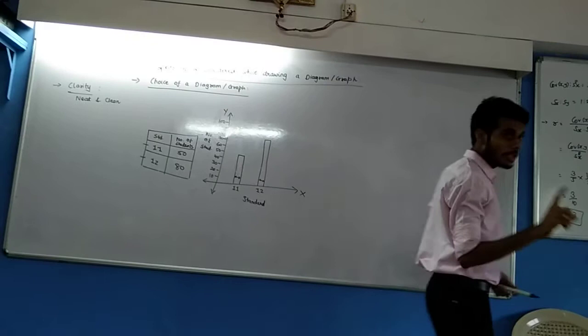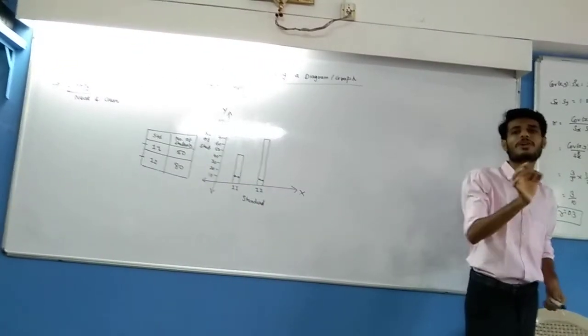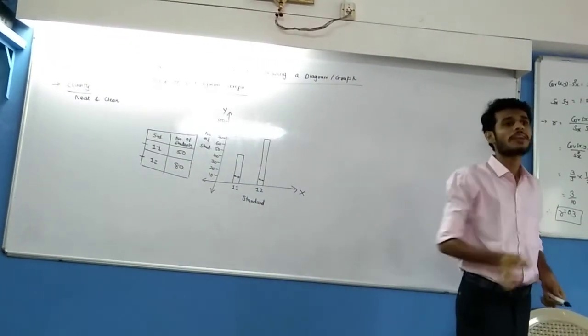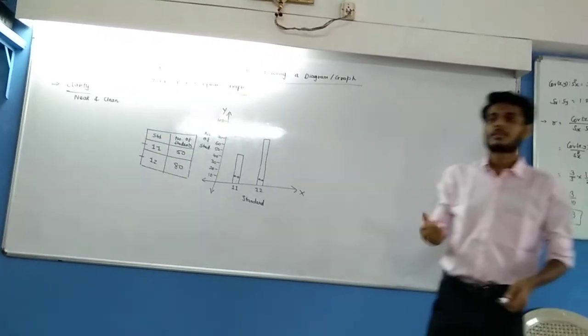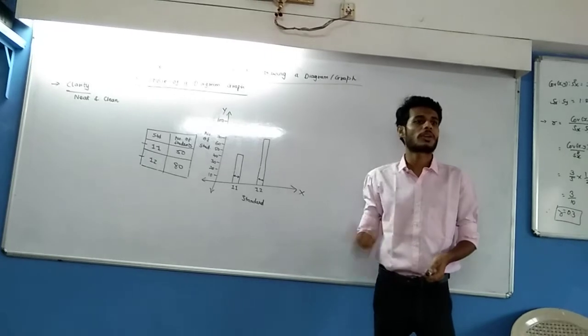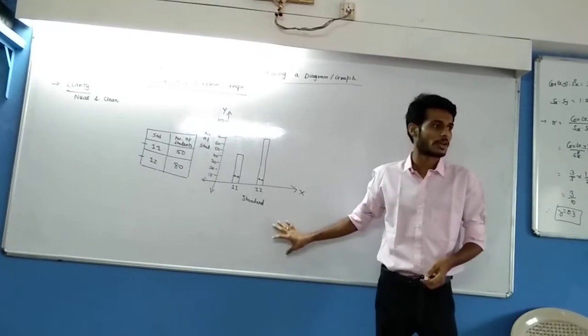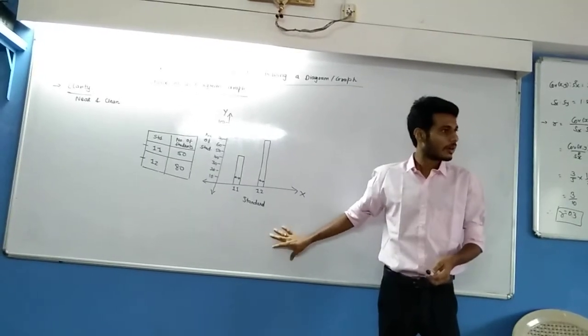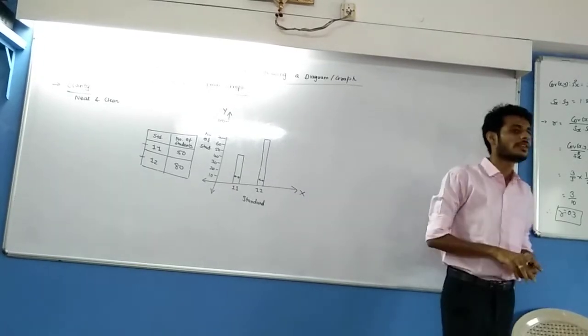So therefore always use a pencil while drawing a diagram. Don't try to do it with your pen, because if some mistake happens, you are not able to erase that particular mistake and draw the diagram. Okay. So always use pencil and scale.